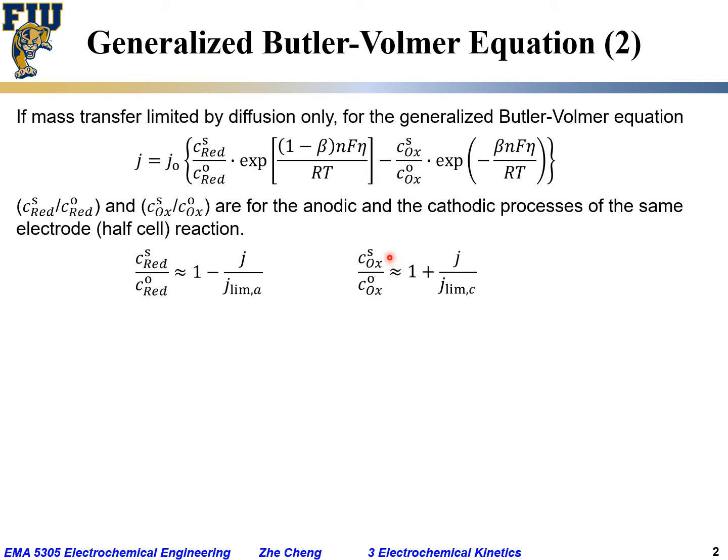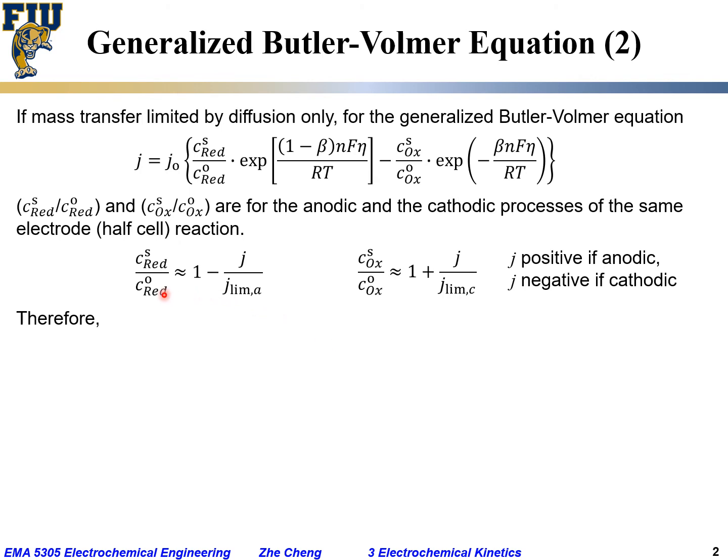Still, it means the surface concentration is lower than the bulk concentration. Okay, so we keep this plus sign because we consider the sign convention for the current. J will be positive if it's anodic, so we take care of this one. But on the cathodic part, J will be negative, but this 1 plus the ratio will still be smaller than 1, from 0 to 1.